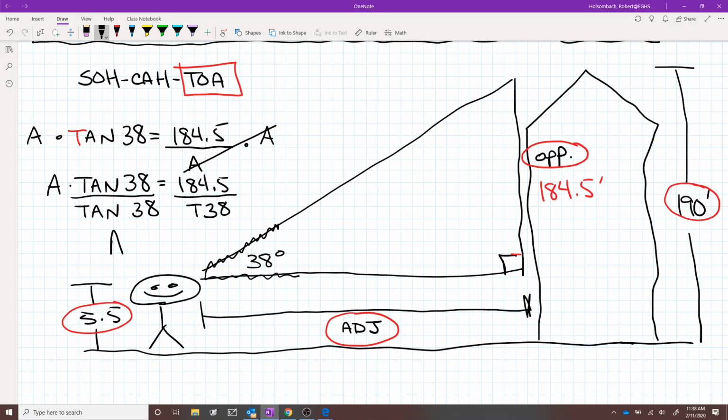So your adjacent side, or the distance from her to the castle, is 184.5 divided by tan 38, 236.1 feet. Everybody okay with that?